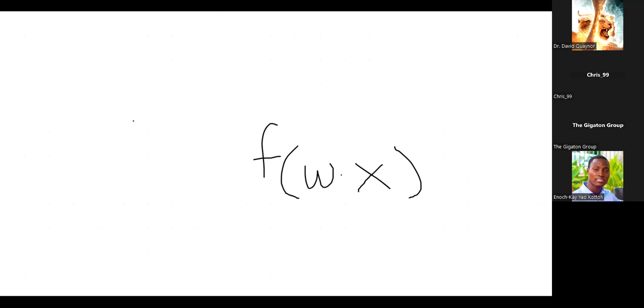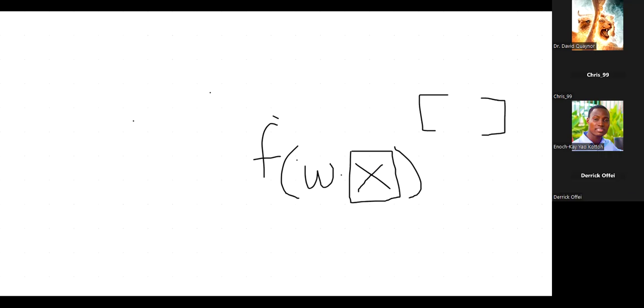Normally the weights and the inputs are going to be, for instance, the input is going to be the data that's going to come, and the data can be in all manner of shape and form. It can be a column matrix or a row matrix, depending on the shape of the data.